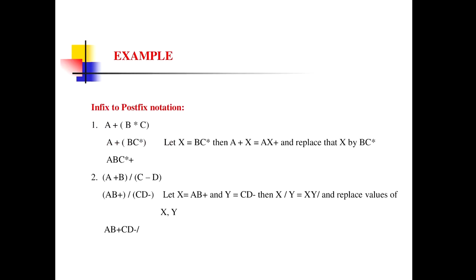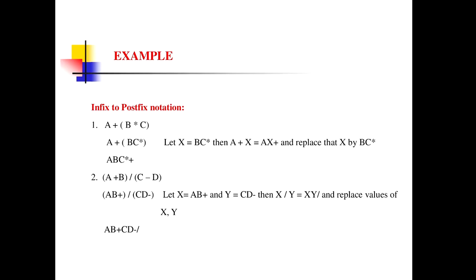And now we convert the infix into the postfix. Now fix in your mind that post means after, which means you put the operator after all the operands. Here you solve first the bracket B into C. As it is postfix, I write BC star because the operator is placed after the operands. The expression becomes A plus BC star.